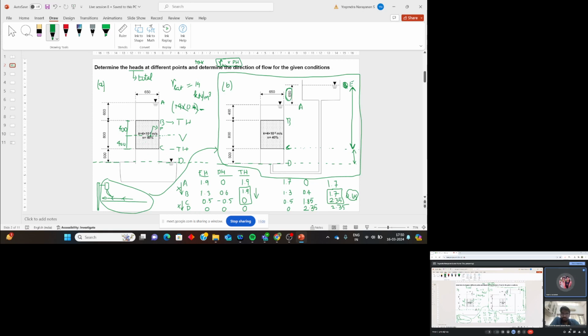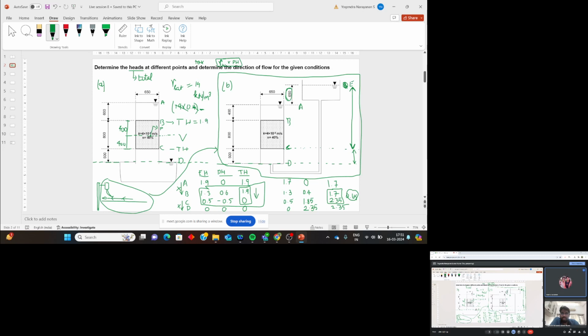Okay. No. Now you have to follow this method here. Now, what will be the elevation head here? At B it is 1.3, and here the total head is 1.9, right?